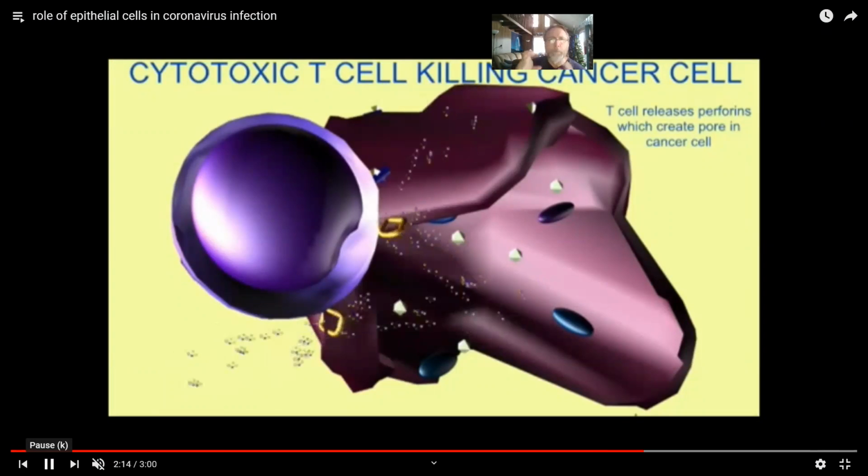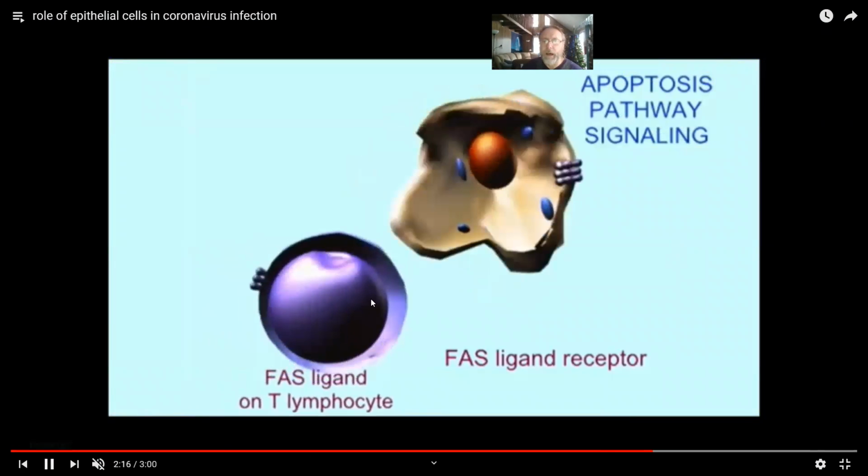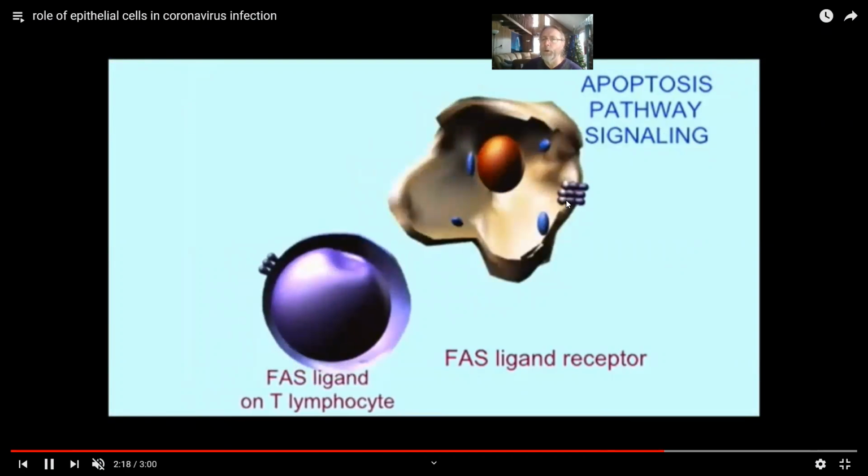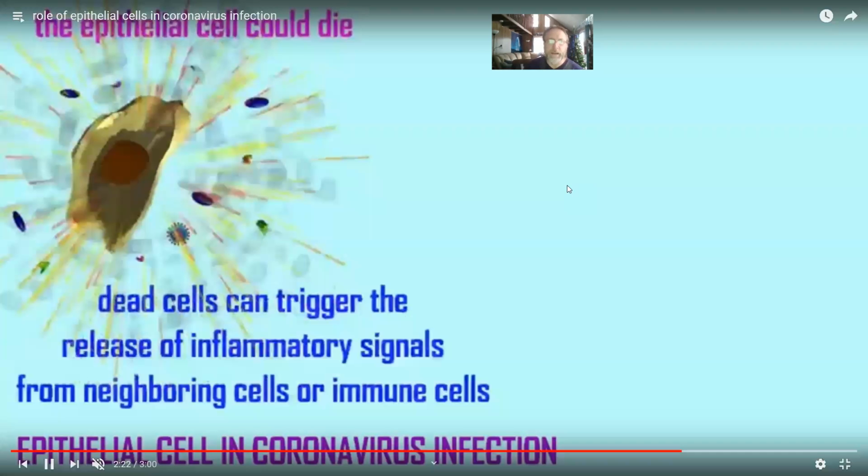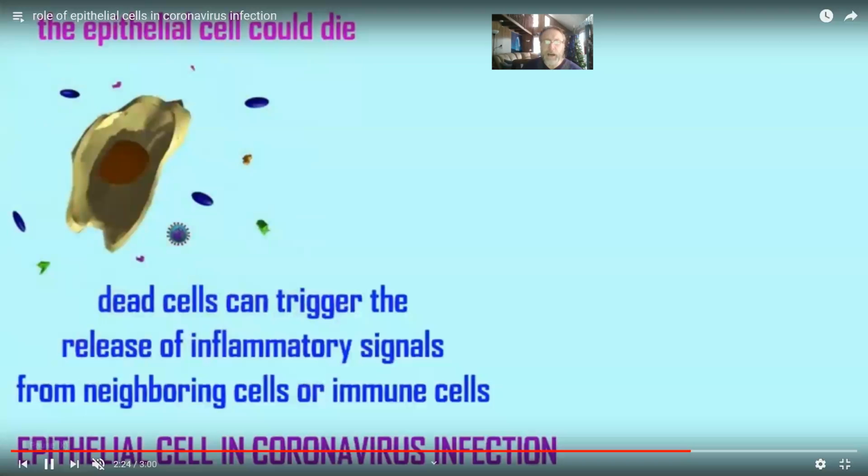So even without putting a hole in the cell membrane, the cytotoxic T lymphocyte could trigger programmed cell death through the appropriate receptor. Once the cell dies, it's going to release inflammatory signals, which will attract other white blood cells to the area.